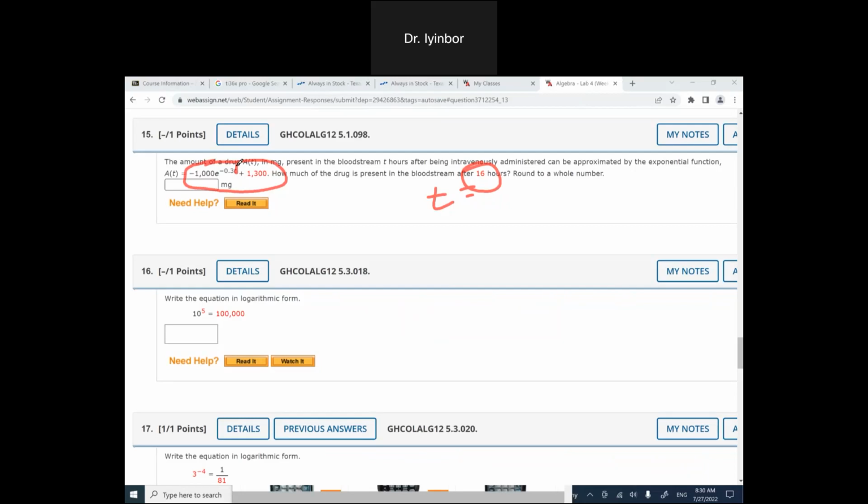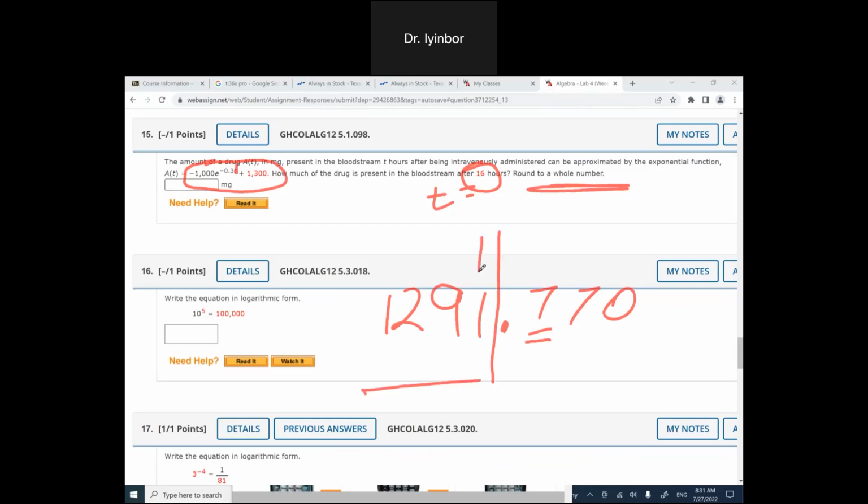And then the number I got is 1291.770. Now, here they want it to the whole number, so this is where we're going to round it. The next number is 7, so I'm going to add 1 to the 1, so that becomes 2. So my answer is 1292. This is my final answer. I'm going to enter there.